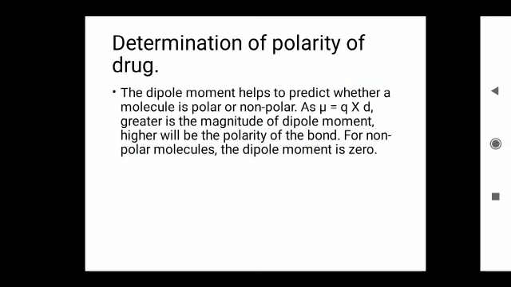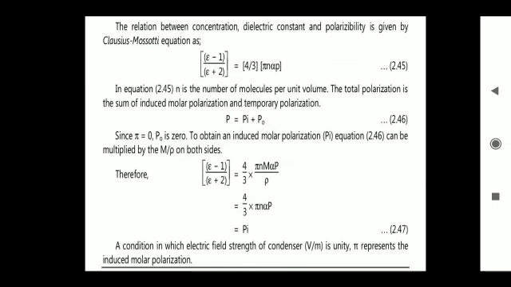It means the compound having higher dipole moment has high polarity. For a non-polar compound, the dipole moment value is near 0 or 0. So these are the various applications of dipole moment.